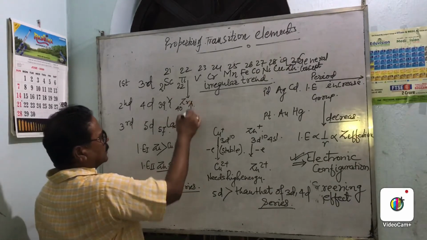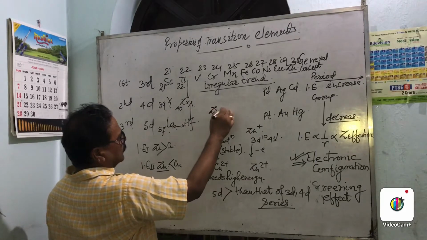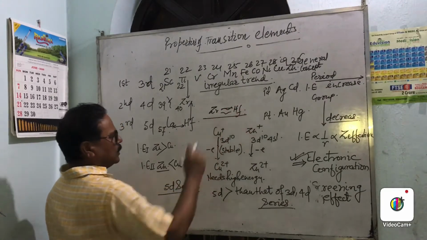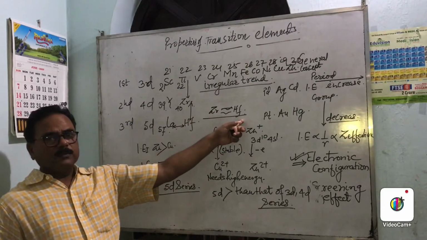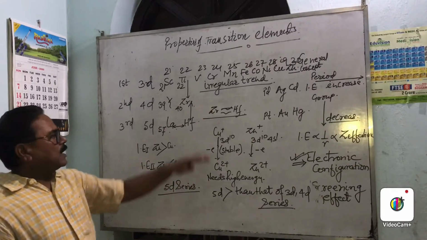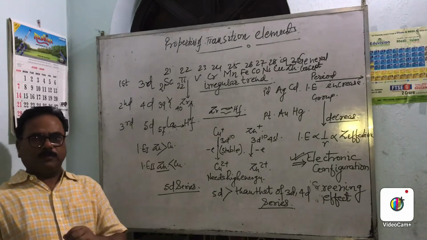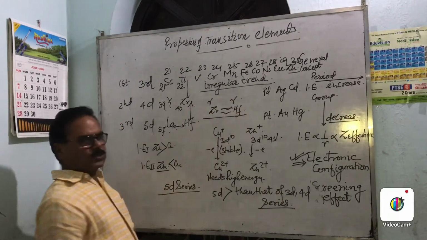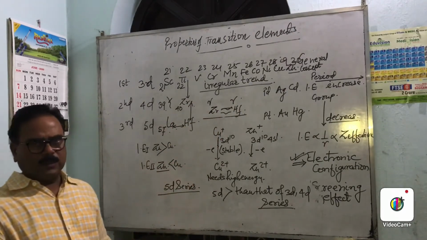Their radius is almost the same. If the radius is the same, the ionization energy should be the same. But no, the ionization energy is never the same. Why is it not the same? If the radii are almost equal, the ionization energy should be equal, right?